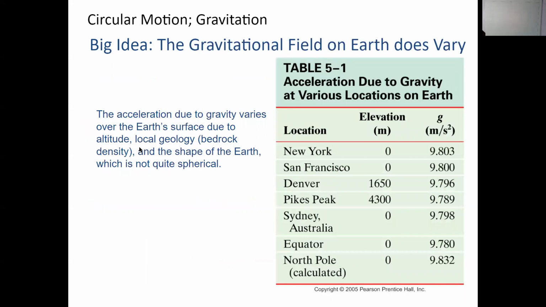You can see there's a slight variation between different locations on the Earth. It's actually greatest at the North Pole, because the Earth is an oblate spheroid, and the distance from the center of the Earth out to the North Pole is smaller than the distance out to the equator. So gravity is actually a little more intense at the North Pole, being closer, so the gravitational force is stronger.